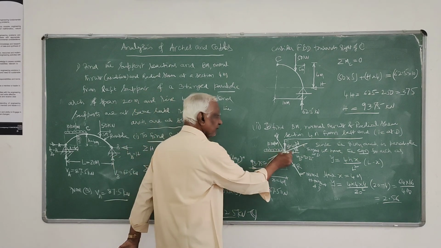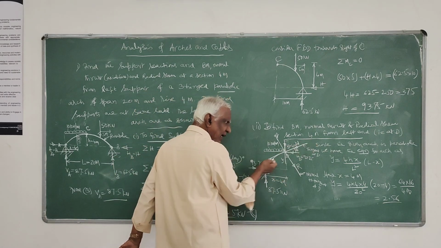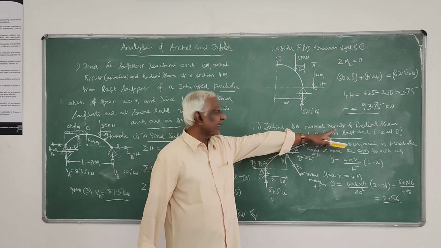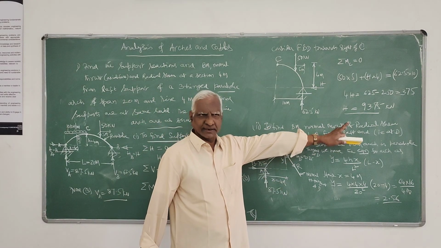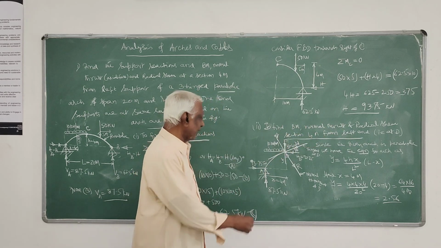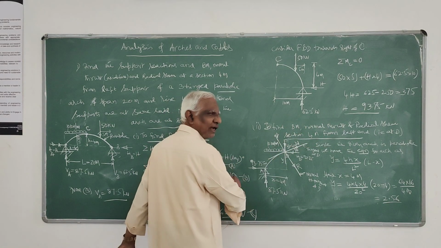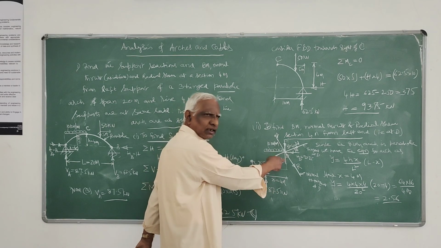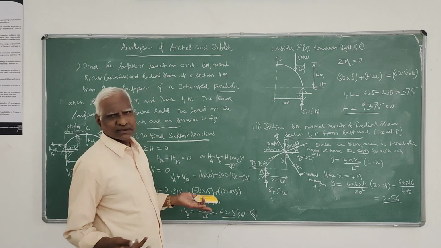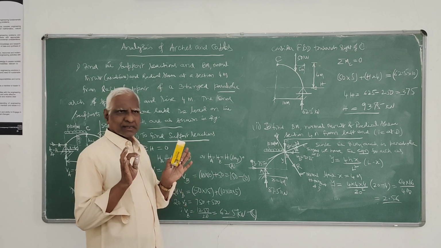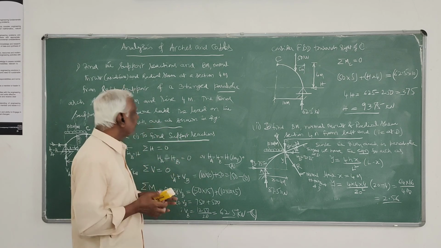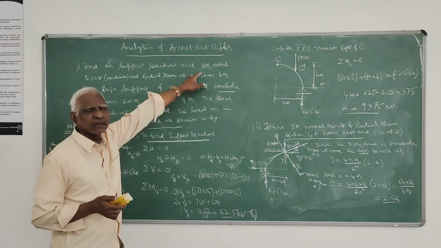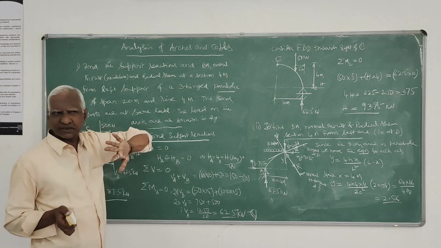So you resolve this HD and Vd along the tangent and along the normal, and you will get normal thrust and radial shear. And bending moment you take towards left of the section, all the forces, take moment due to all the forces about D, and you will get the bending moment. That is the simple straightforward process for evaluating at any point the bending moment, normal thrust, and radial shear.